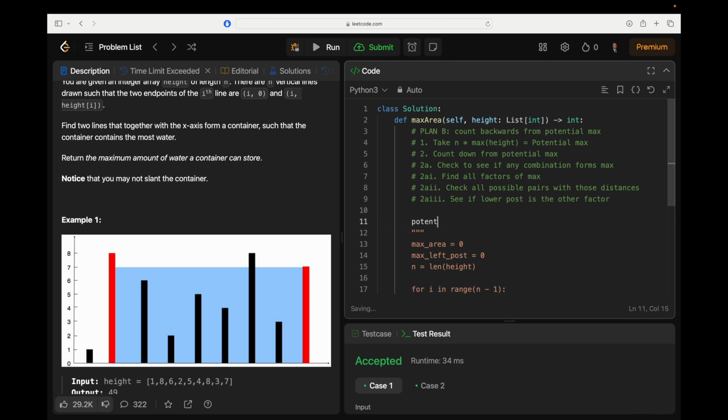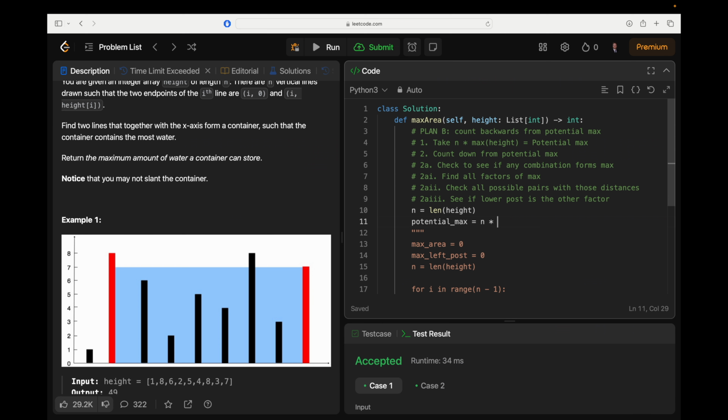Okay, so potential max equals n times the max of height, where n is the length of height.